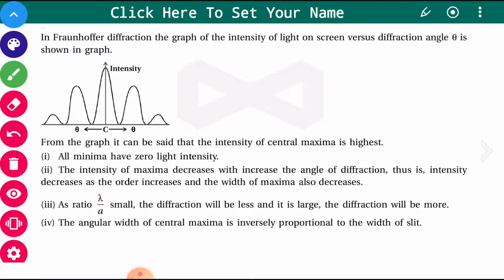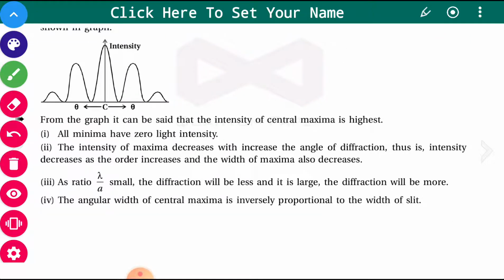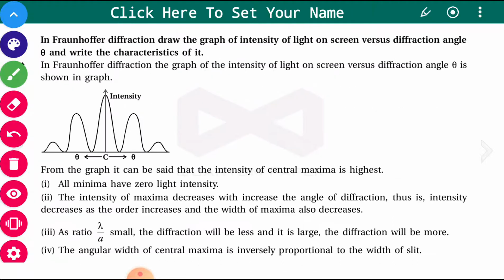The angular width of central maxima is inversely proportional to the width of the slit. The more the width, the less the central maxima, or we can say the width of central maxima will be less. And if you have very small width, then the angular width of central maxima will be more.